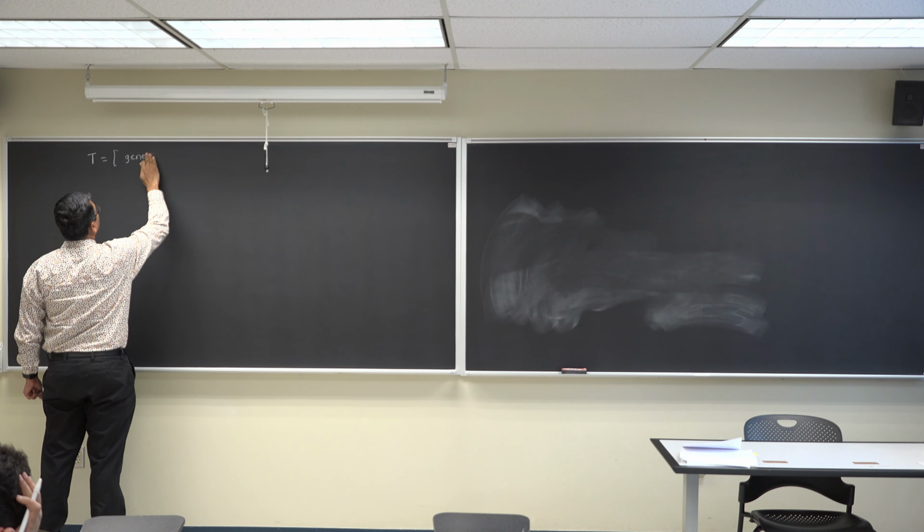So if N is of dimension n cross n, then N raised to k equals 0 for all k greater than or equal to n.